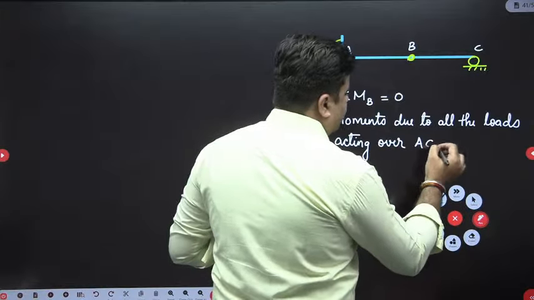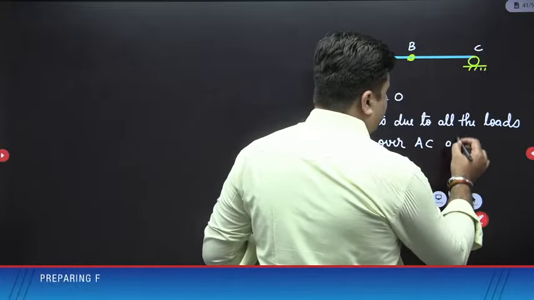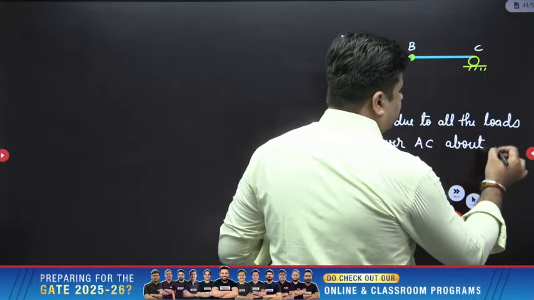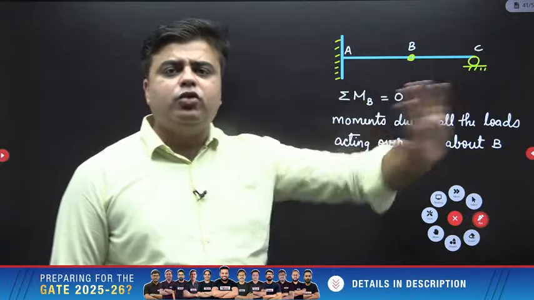Moments due to all the loads acting over AC about B you have to write, and this you can write even when there is no internal hinge.